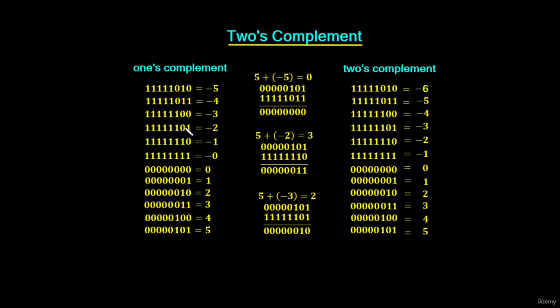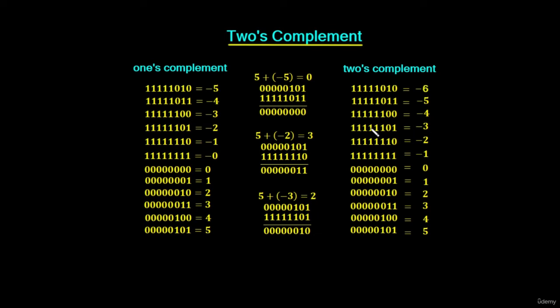So whenever I add 1 on to it, the minus 2 will end in 1, 0. So we go to the minus 2 here, and you can see it's ending in 1, 0. So I've simply added 1 to each of these in order to get the 2's complement number here. And you can see the 2's complement will now run from minus 6 over to 5.